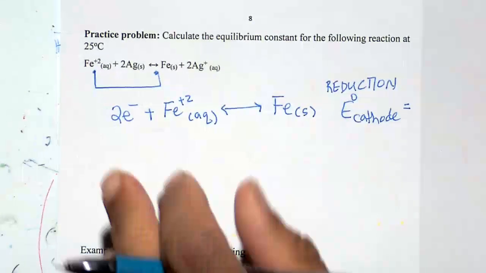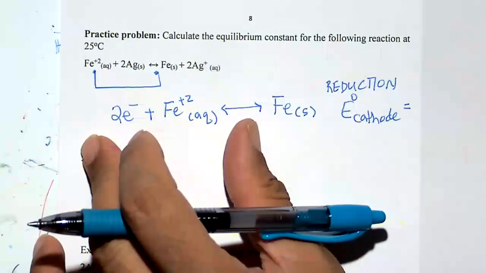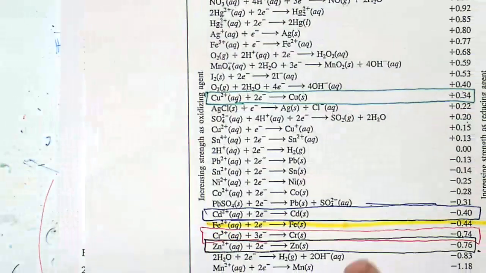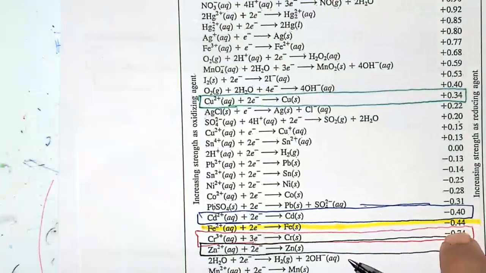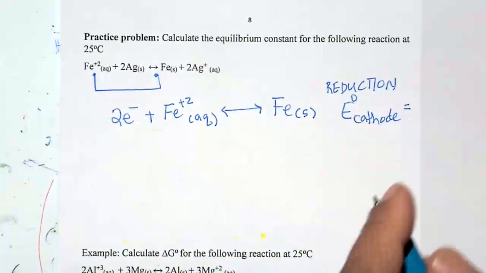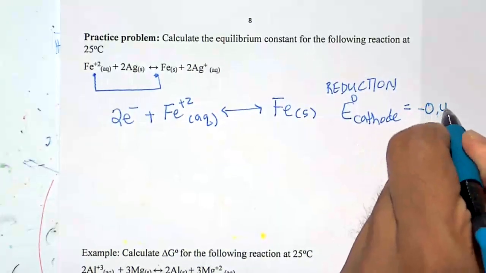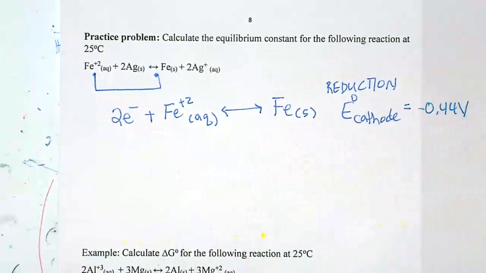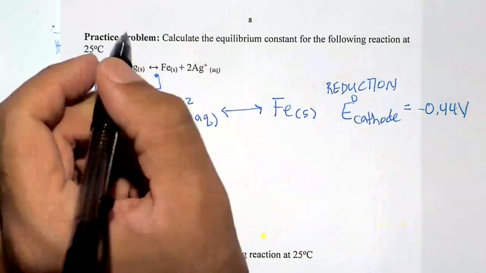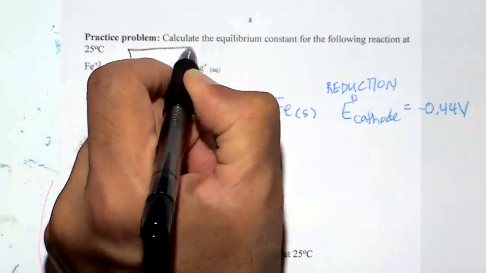Okay, we will not flip it, right? Because this is a reduction, and this is also a reduction. So minus 0.44 volts is what it's going to be. So that's one. Okay. Next, we're going to take Ag solid plus Ag plus.